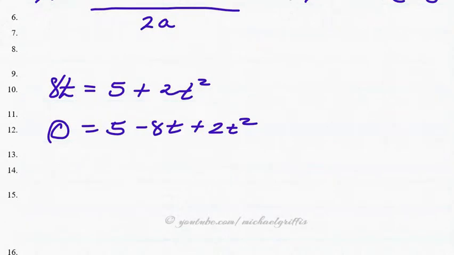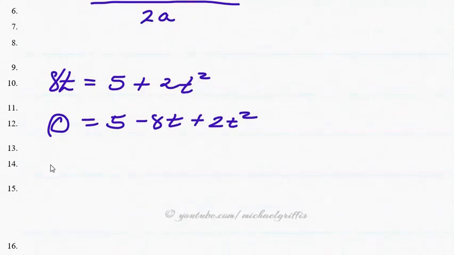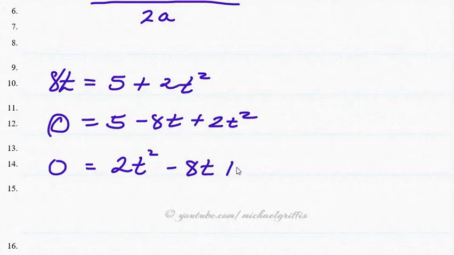Let's go ahead and write this now in that standard form: 2t squared minus 8t plus 5. Okay, so now it's in that standard form you're more familiar with.